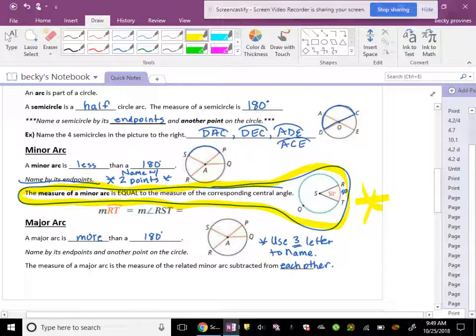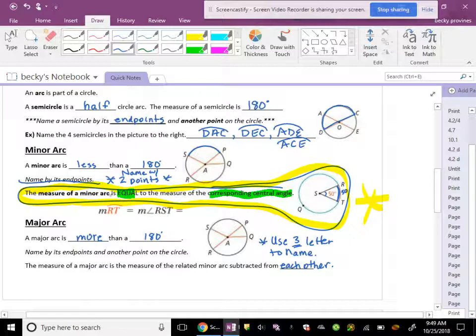Go ahead and circle this. This is the rule: the measure of a minor arc is equal to the measure of the corresponding central angle. That's what I just taught you. If the angle here is 50, the arc that's also inside is 50.